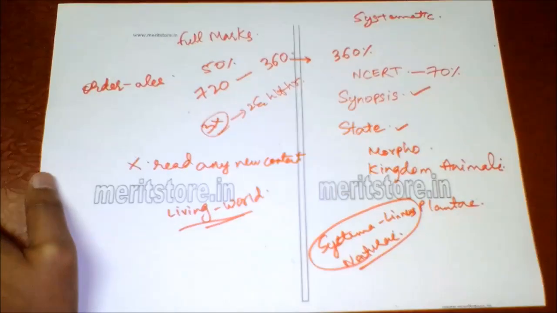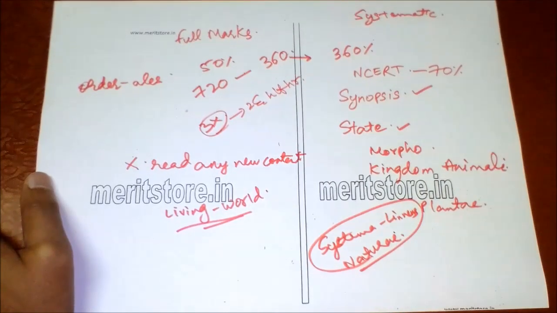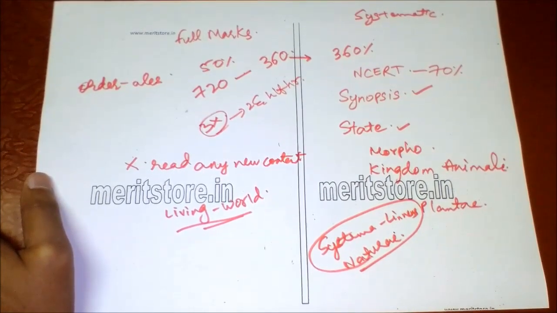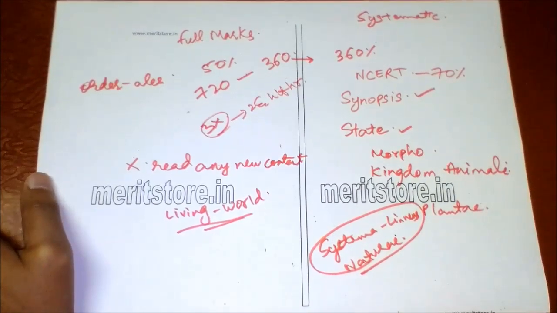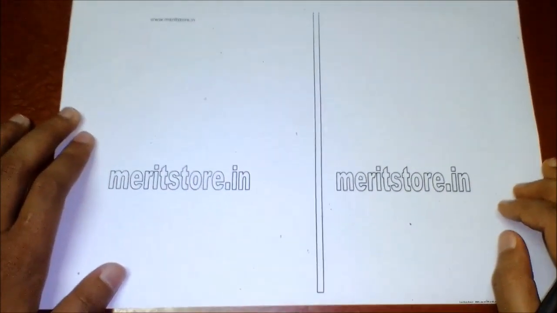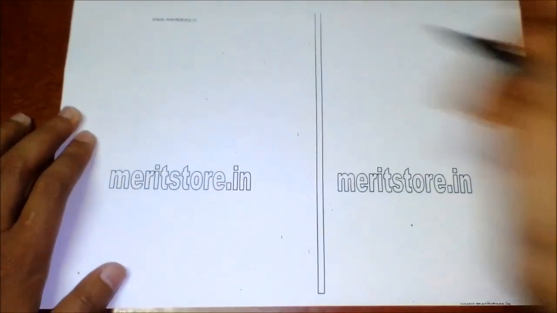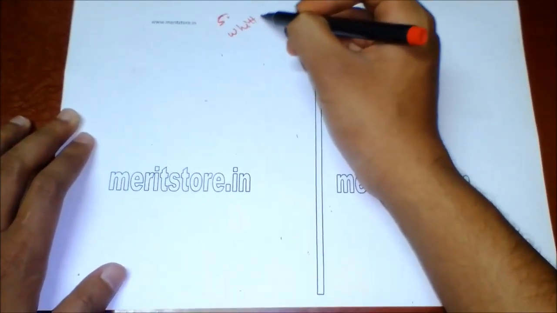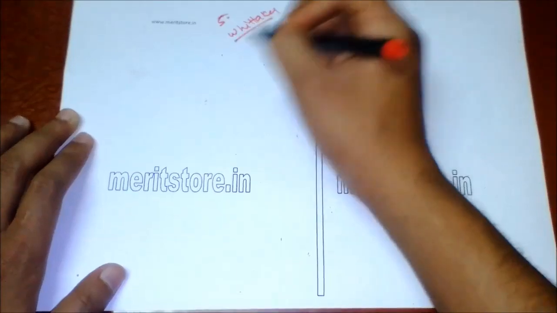And the definition of key is another taxonomic aid used for identification of plants and animals based on similarities. So we'll come to another chapter, biological classification. In biological classification, you have to go through the 5 kingdoms. Whittaker has given the 5 kingdom classification.